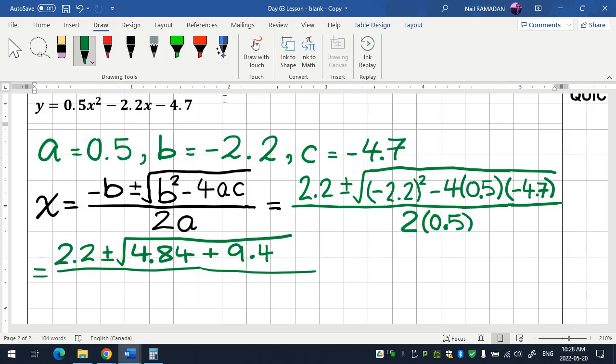Come on. 1. Oh, I multiplied this number times this number times this number without the negatives because I've already done the negatives in my head. Sorry, 4 times 0.5 times 4.7. I always have to multiply the 3 together in one shot. Okay, what's my next step?